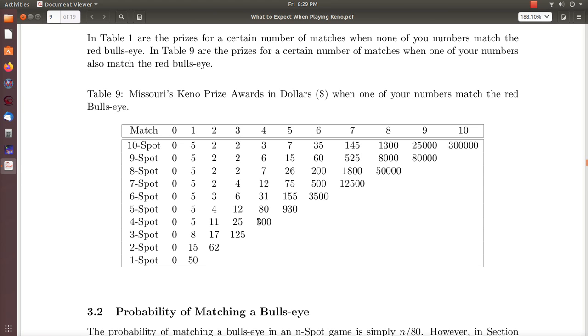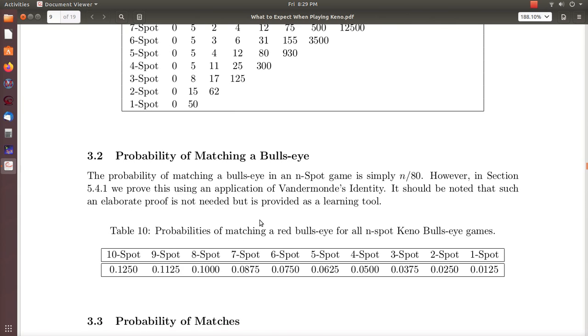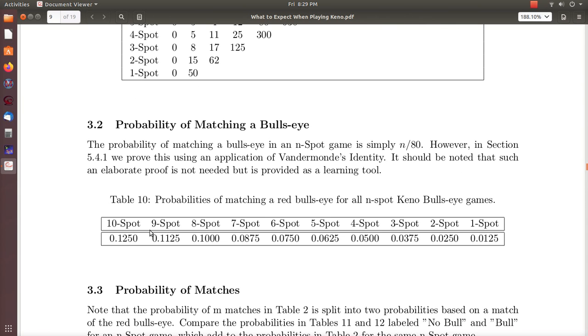Now, one thing that always intrigued me was, what is the probability of matching a bullseye? And these are it. So in a 10-spot game, you have a 12.5% chance of matching a bullseye. In a 3-spot game, it's a 3.75% chance of matching the bullseye. Now these probabilities are quite easy. It's just n over 80.